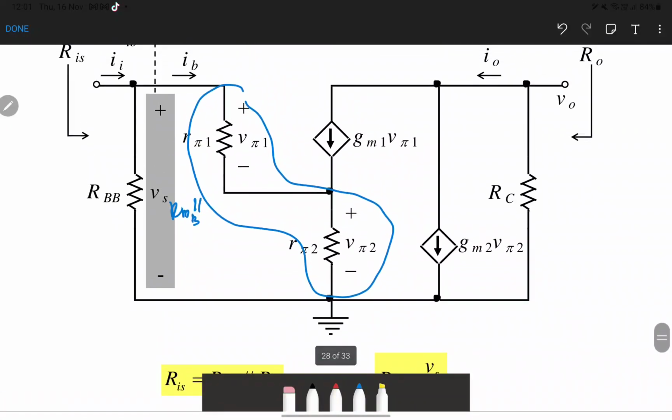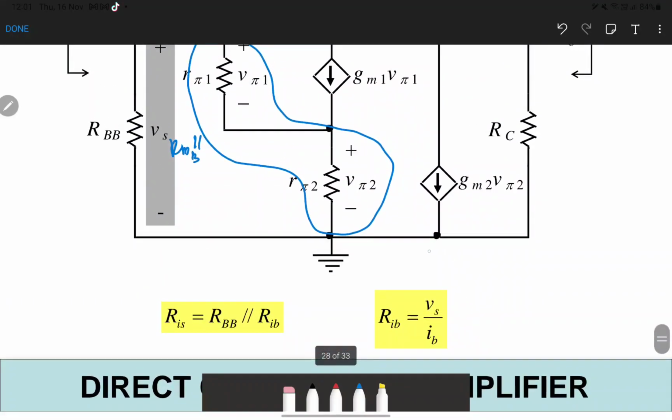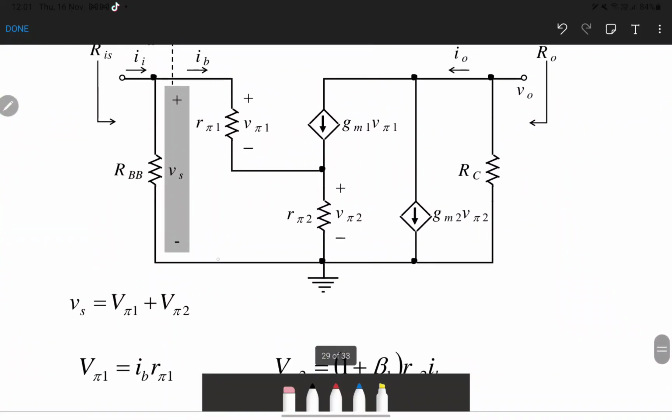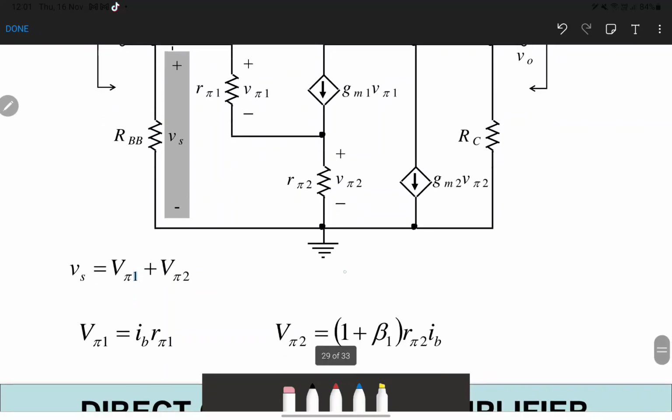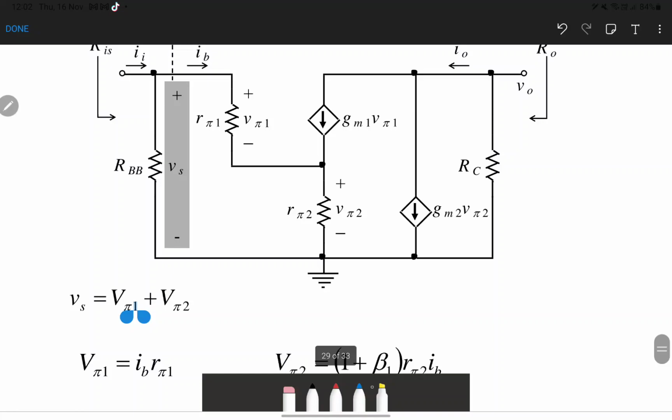So how to find the RIB? You need to find the total voltage, V pi 1 plus V pi 2. So you know V pi 1 is the current IB entering the resistance R pi 1 times the IB.